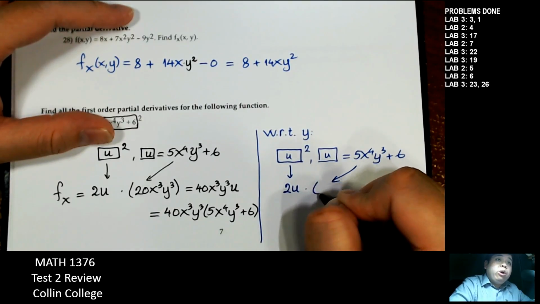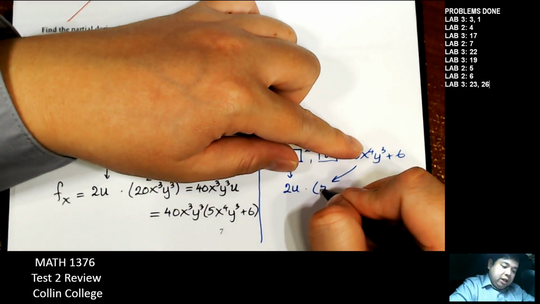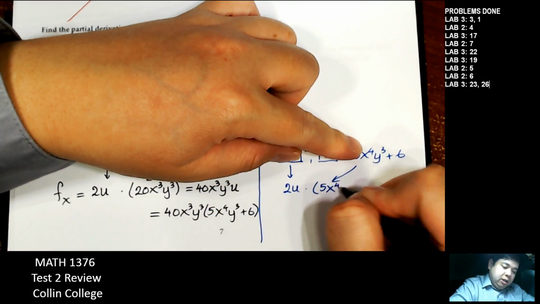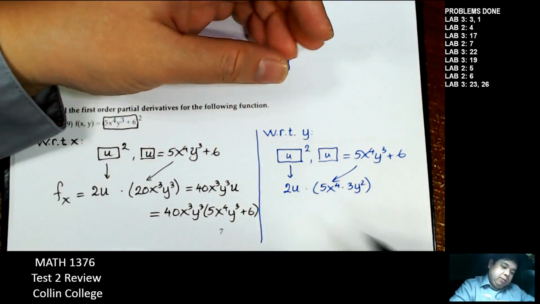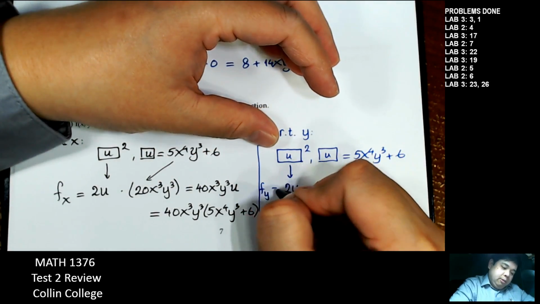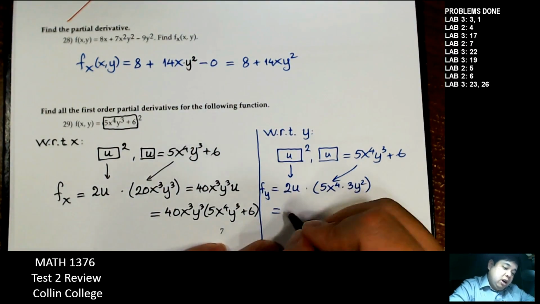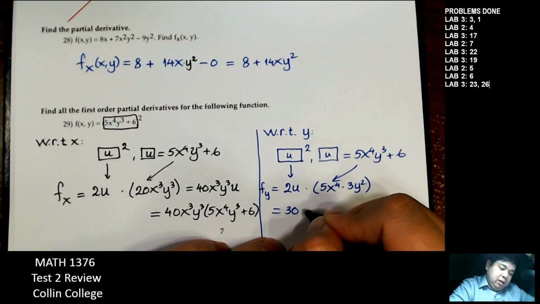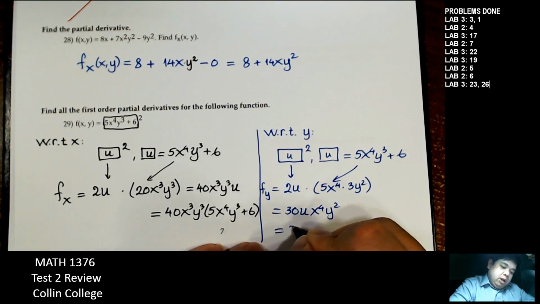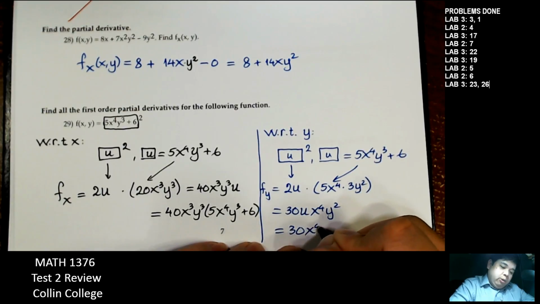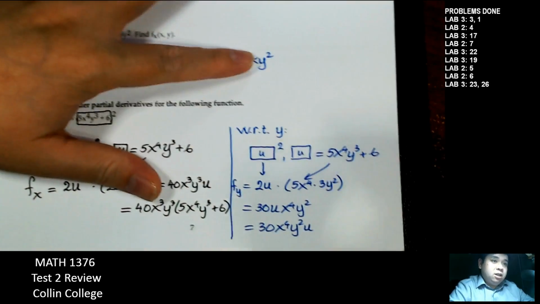Derivative here, this time with respect to y, it will be different. 5x to the 4th is the constant. Y cubed will be 3y squared. So we have 2 times 5, 10 times 3, 30. So 30 x to the 4th y squared u, and u is just that.